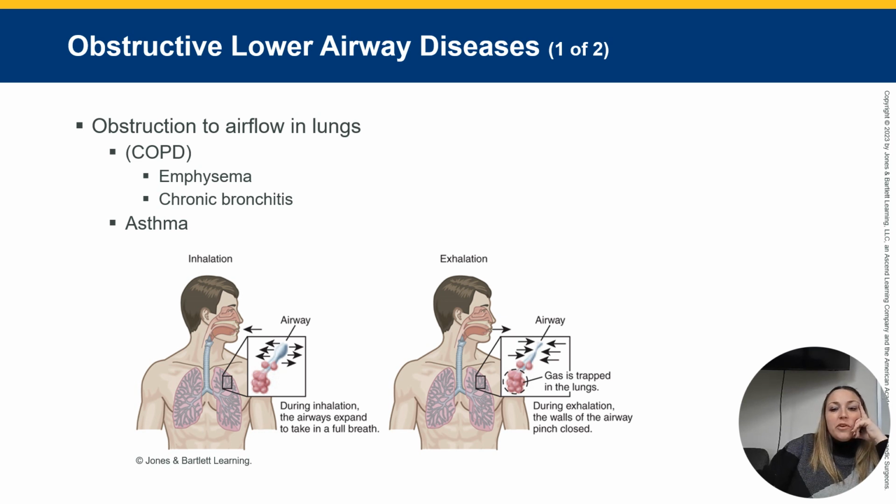We can reverse some of the symptoms. We can treat and fix some of the symptoms, especially if you look at asthma, we've got tons of different meds out there that we can use to reverse that narrowing of the airway. But in other patients with COPD, it's much harder to treat because it's been from damage and chronic damage to the lungs and to the airway.